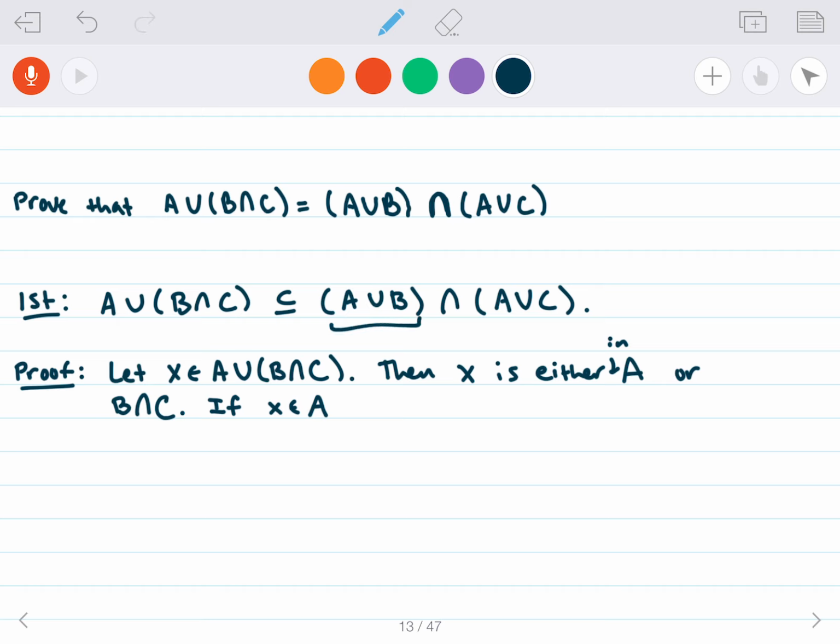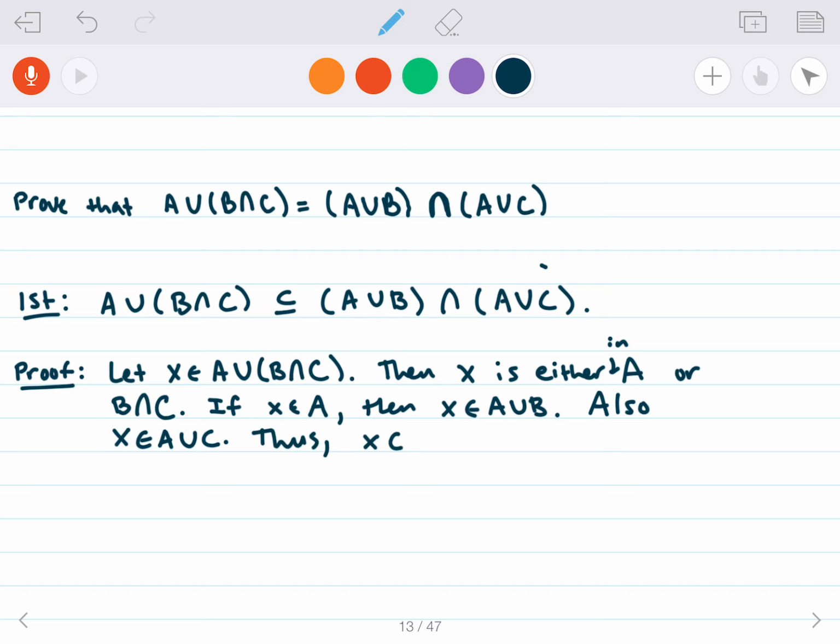Well, certainly if x is in A, then x is in the union of A and B. Also, since x is in A, it's in A union C. And so by definition, since it's in both of these, it's in the intersection. Thus, x is in the intersection.